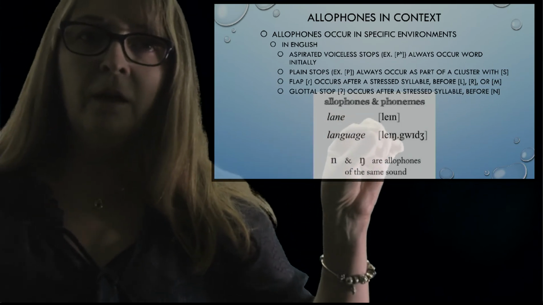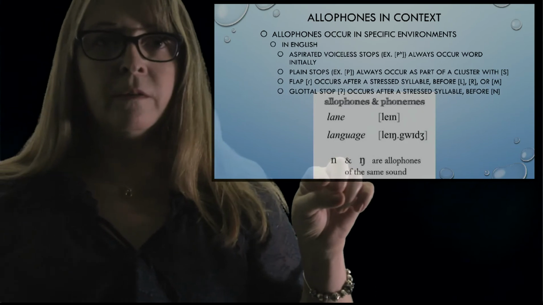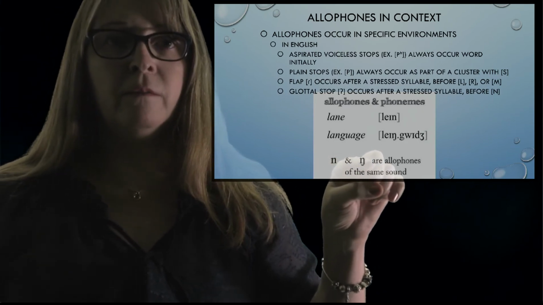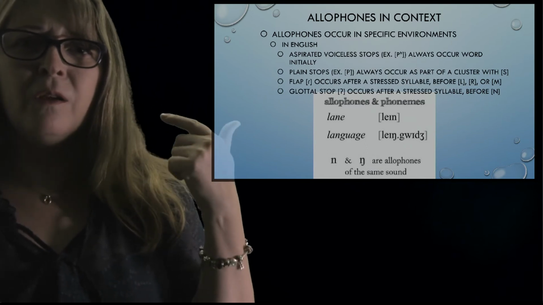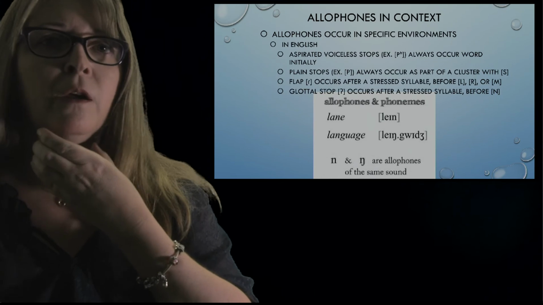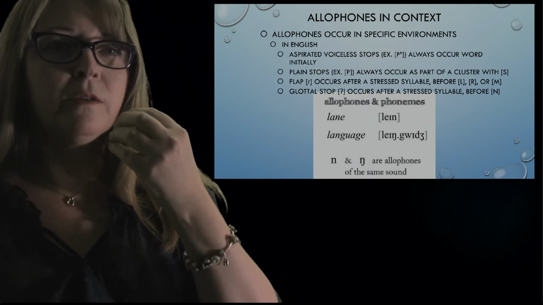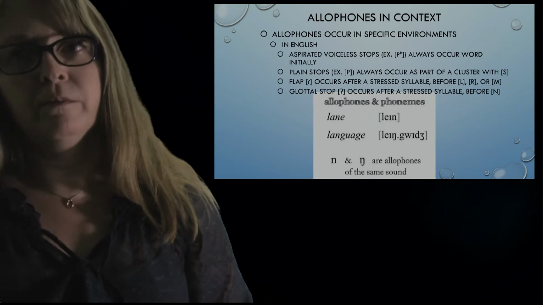The N kind of hangs on to the G, right? So this is N right here and ng. Yeah. So just think about what makes sense. What makes sense where you're pronouncing and why somebody would pronounce one thing one way and others would pronounce it a different way. Okay?